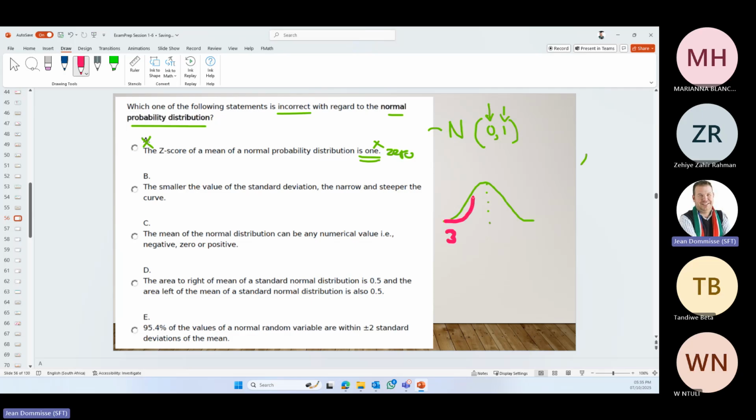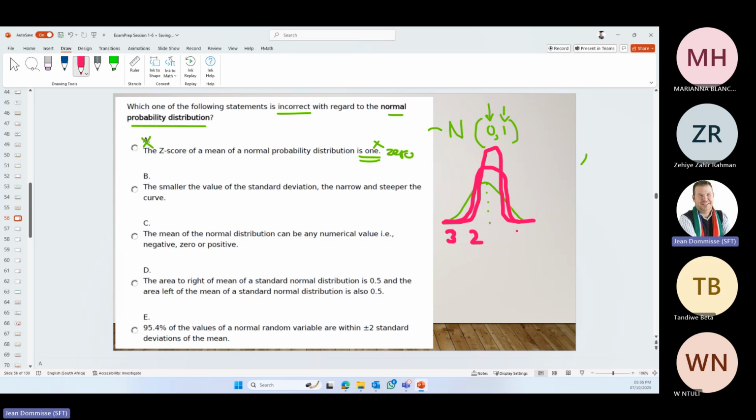Then if we do a standard deviation of 2, it will look something like that. And if we do a standard deviation of 1, it will look something like that.